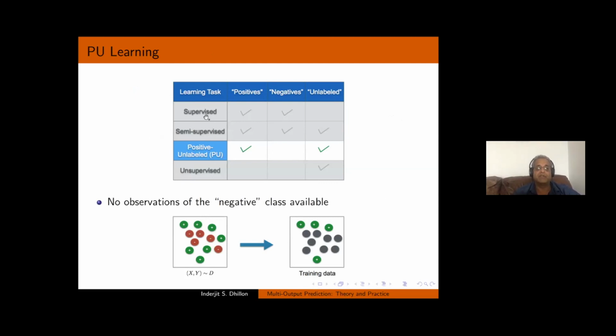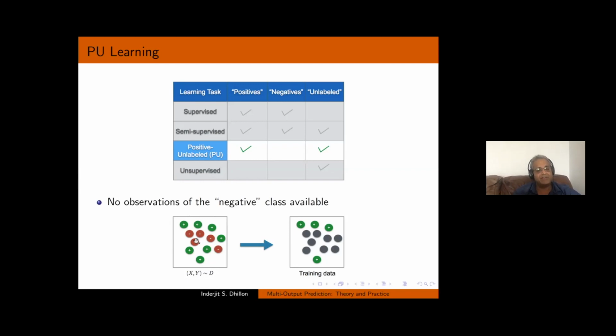In supervised learning, typically you have positives and negatives. Semi-supervised, you have positives, negatives and unlabeled. And in positive unlabeled, you only have positives, but you also have a lot of unlabeled data. And this is pictorially how we can try and model it, that the underlying distribution has positives and negatives.